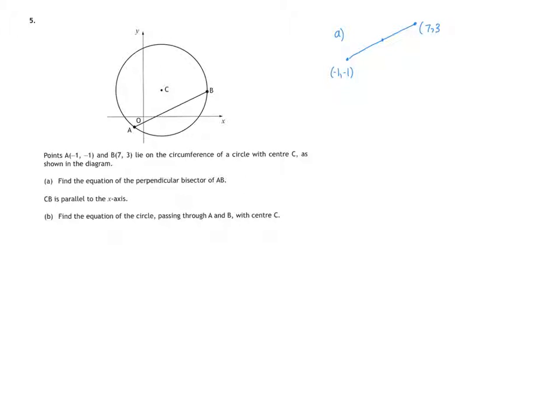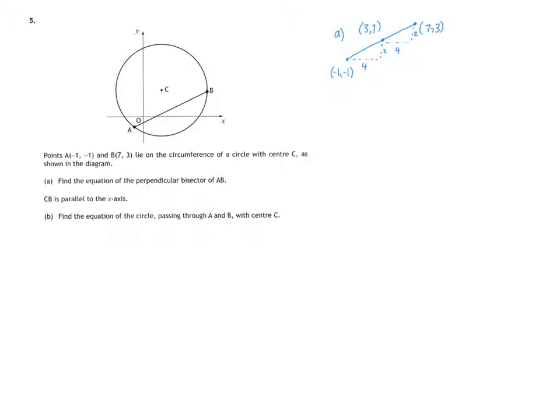Going from -1 to 7, in the x direction we have moved 8, so each part is going to be 4, so our x coordinate is going to be 3. Then from -1 up to 3 is 4, so each of these is going to be 2. So our midpoint is going to be 3, 1.